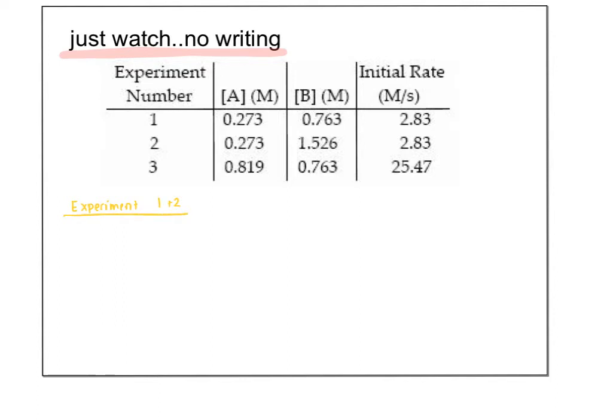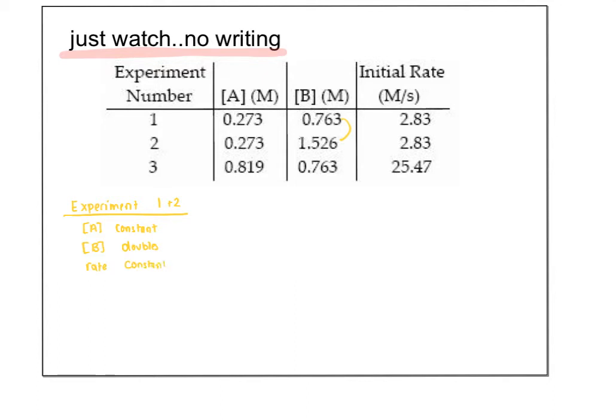Here's what I notice in experiment 1 and 2. The concentration of A is constant. So that means it is not impacting the rate. The concentration of B doubles. So from here to here, we doubled. And what does the rate do? Oh, it is also constant.